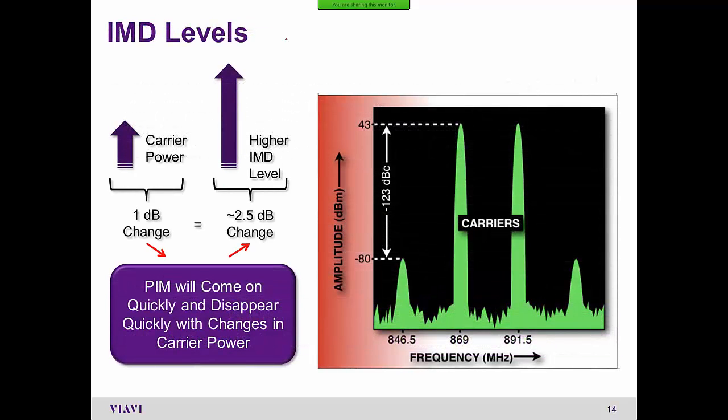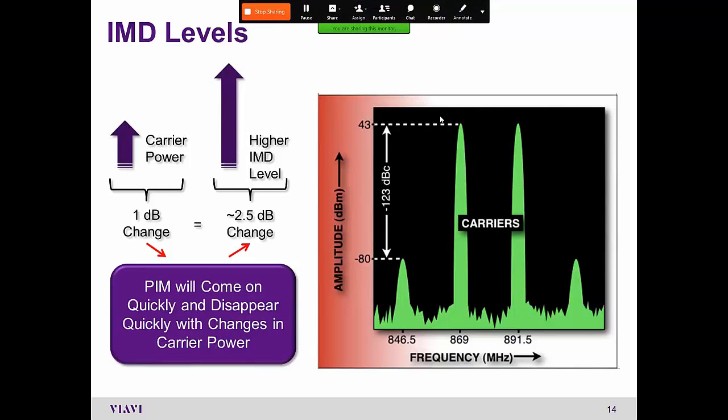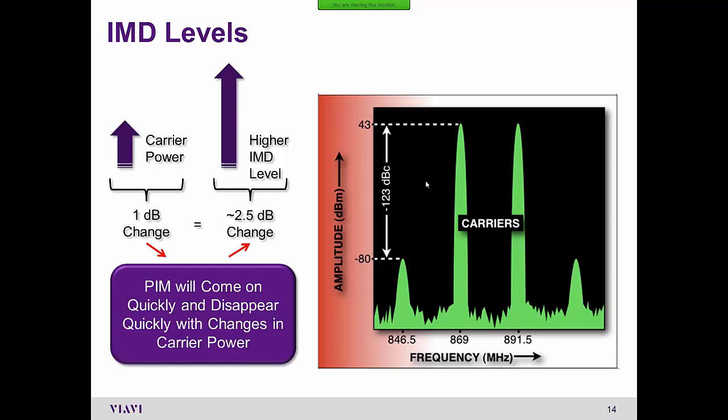So if you look at this chart, in this example, I've got power levels here. Let's say the two carriers are being transmitted at 20 watts. And then the power is measured down at this lower frequency.